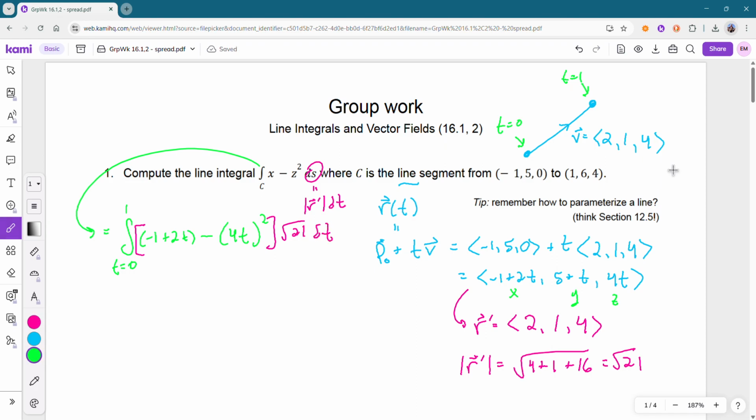And we can now take that root 21 and toss it out front, integrating from 0 to 1 of -1 plus 2t minus 16t squared dt. And so anti-differentiating now, we get -t plus t squared minus 16 thirds t cubed, evaluated from 0 to 1.